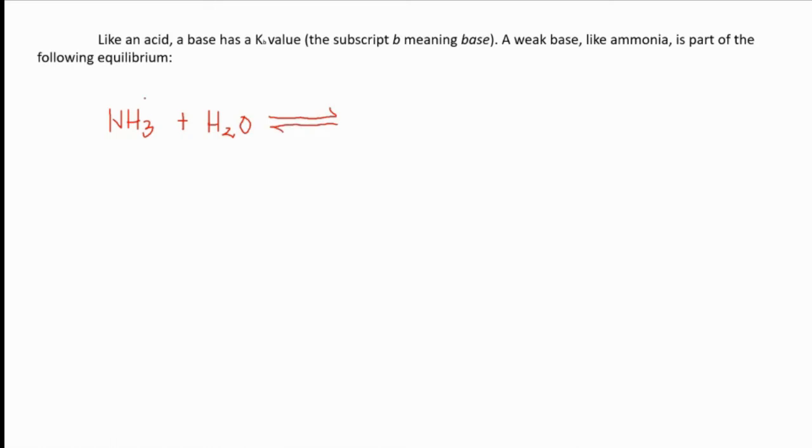Ammonia is a base, so it accepts a proton and becomes ammonium. Then water will act as a base, and becomes OH negative.